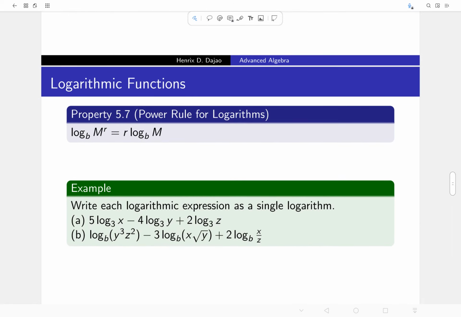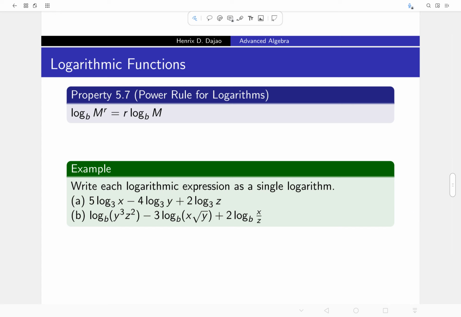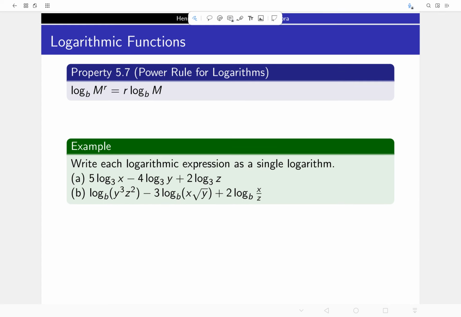Okay, another property. This is called the power rule for logarithms. This property simply states that the logarithm of m raised to r with base b is just equal to r times the logarithm of m with base b. Basically, if this is the form of your expression, this is always equal to the exponent. You can just pull this exponent out and multiply it by the logarithm of m with base b.